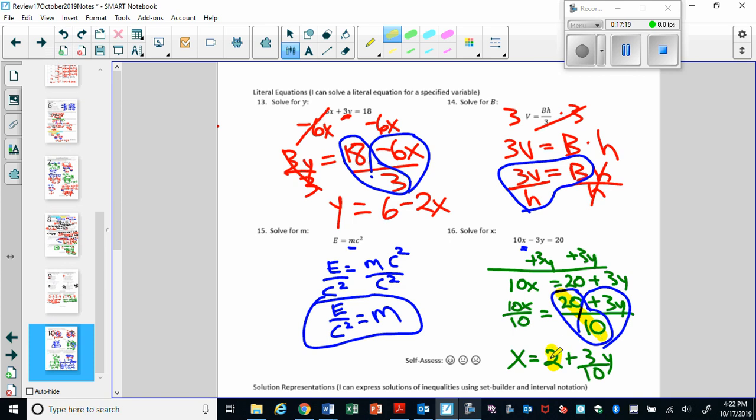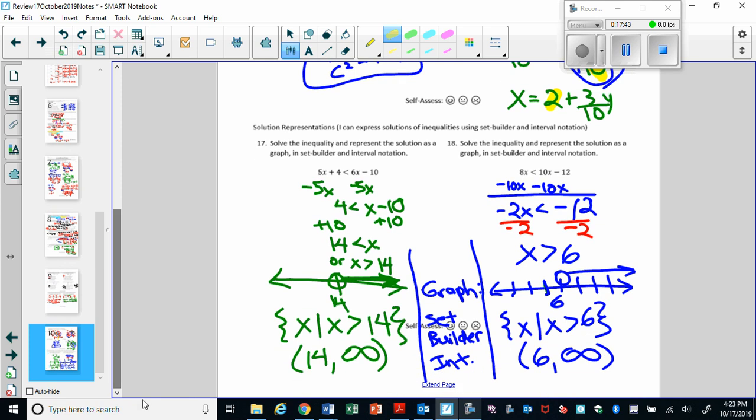That's how we get our 2. Similarly up here, 18 divided by 3. So we get our 6. And of course, negative 6 divided by 3 is negative 2x. Here, positive 3y divided by 10. It's just 3 over 10 times y, or 3y over 10.